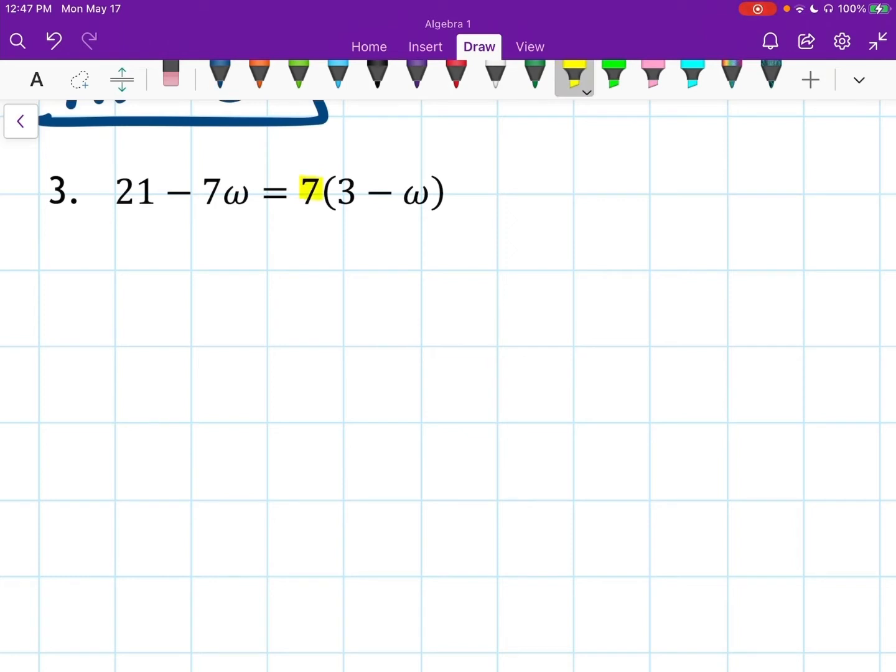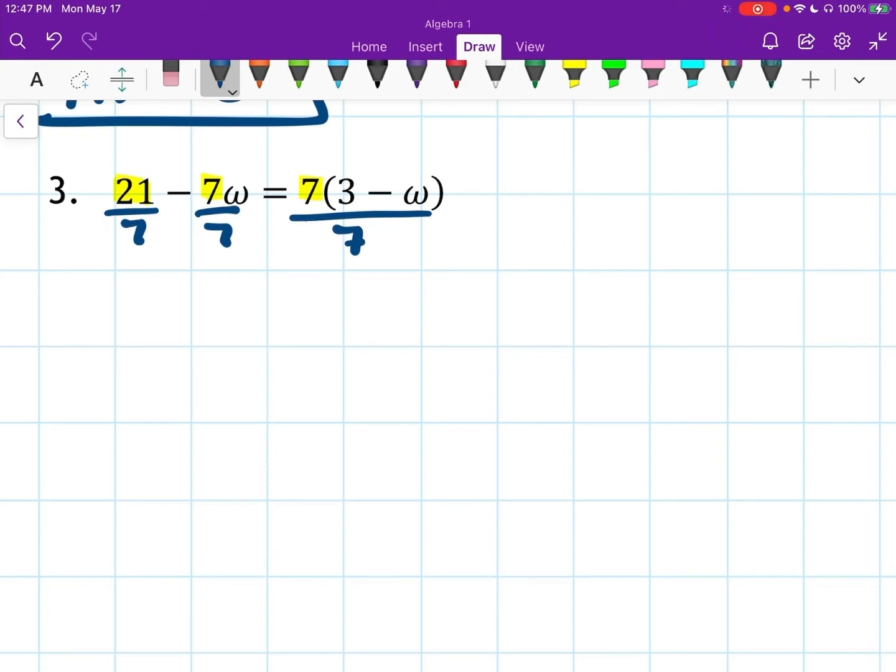We could distribute it. That would be a good way to do the problem. You can do that on the homework. But what I'm noticing is that 21 is a multiple of 7, and we get the other 7. So what I'm going to do is divide everything by 7.